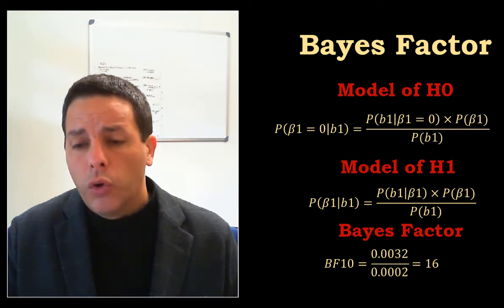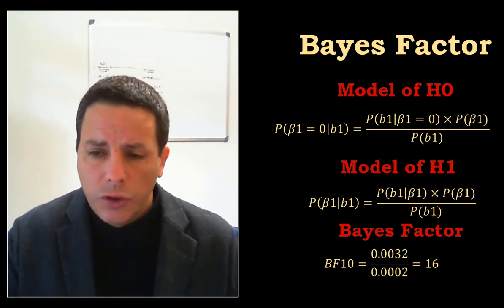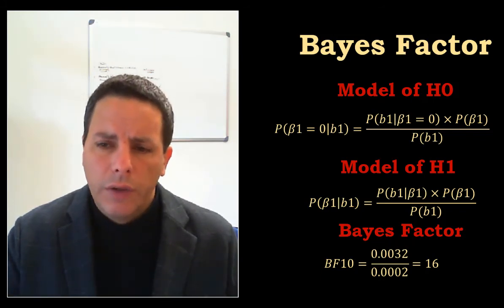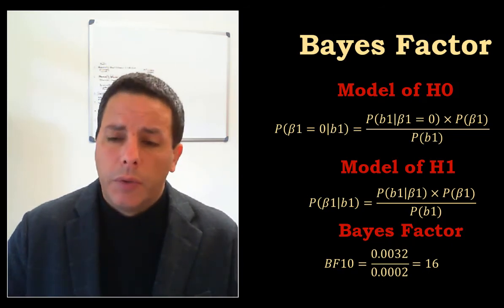And then what I said is that that's the end for the researcher. That's the end. That's a quantification of the evidence in favor of the model of the alternative hypothesis.